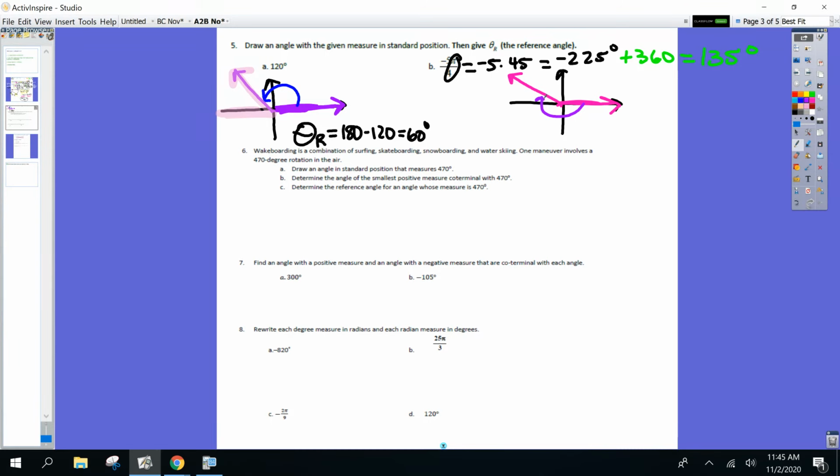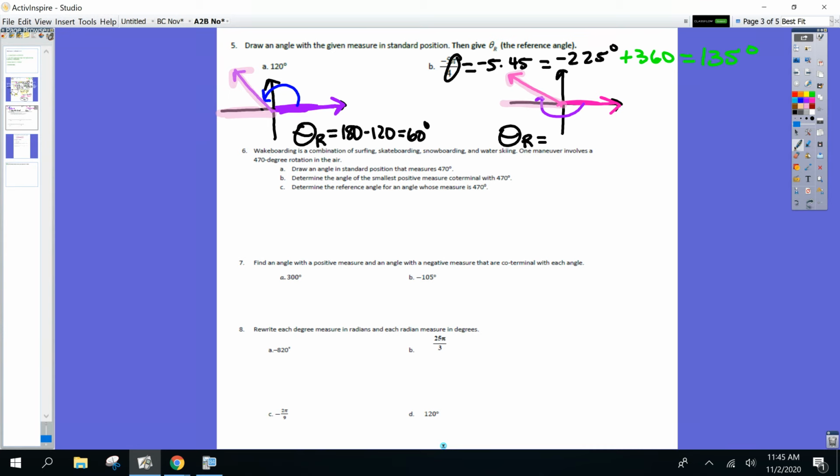And now let's find the reference angle. What's my reference angle here? Again, if you need to highlight it, it's the angle that's going to be positive and less than 90 right here. What is that reference angle?